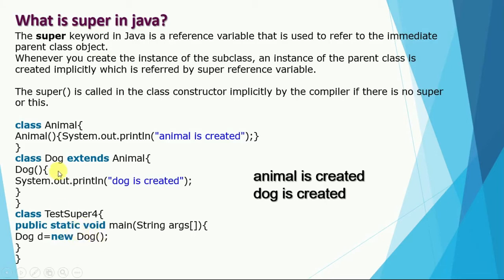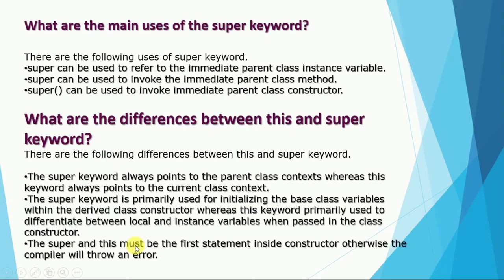The first output is "animal is created" and then "dog is created", because the class Dog extends Animal. The super constructor is called implicitly by the compiler if there is no super or this. So super is called implicitly, and the parent class statement prints "animal is created", then the Dog class prints its string. I hope you understood.